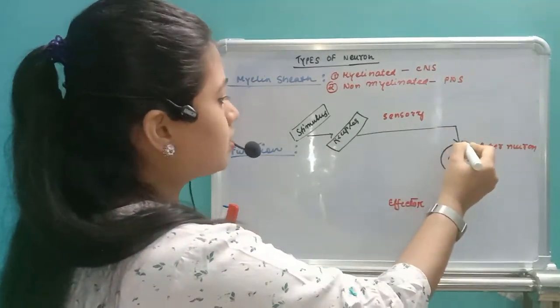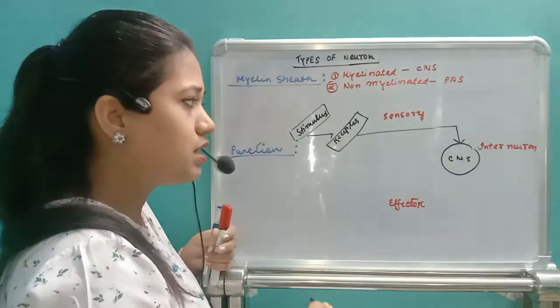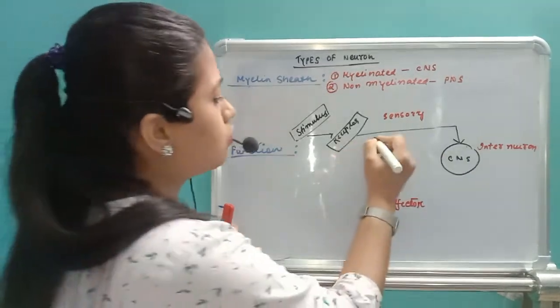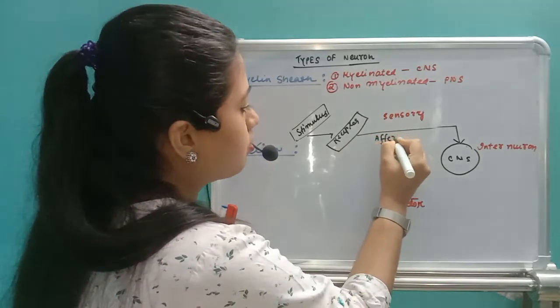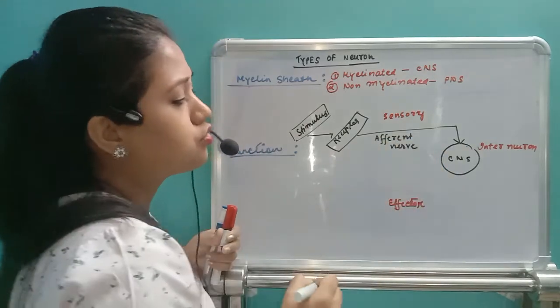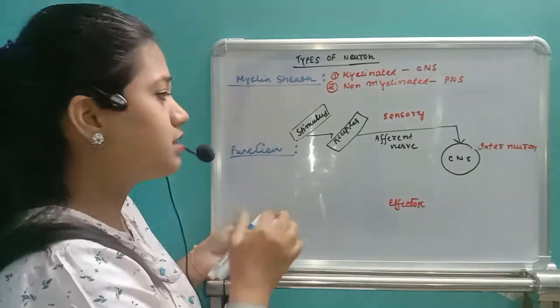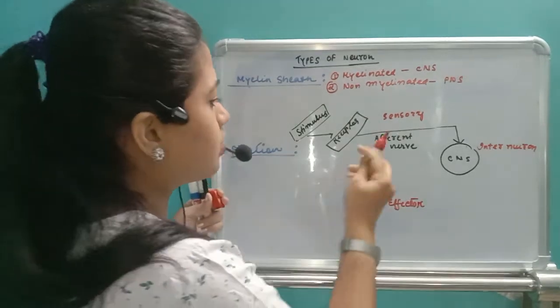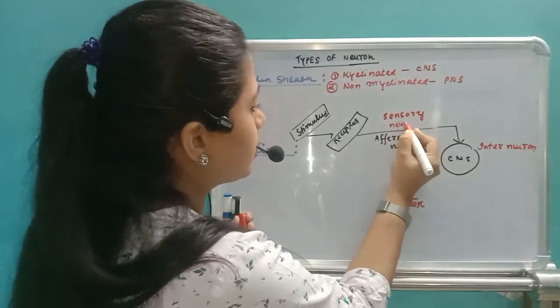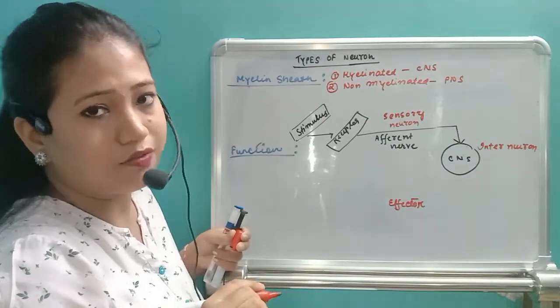Via one type of nerve it will go, that will be the sensory nerve, and the sensory nerve will also be called the afferent nerve. The nerve made up of afferent fibres has the sensory neurons. So the sensory neurons will take this sense from the receptor organ to the central nervous system.